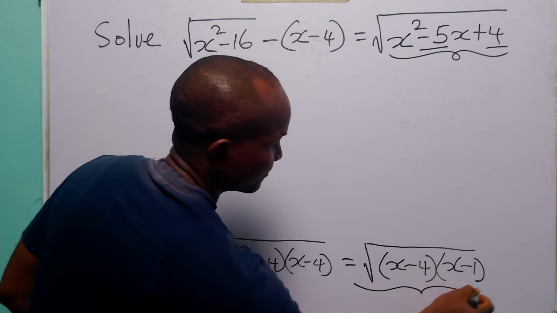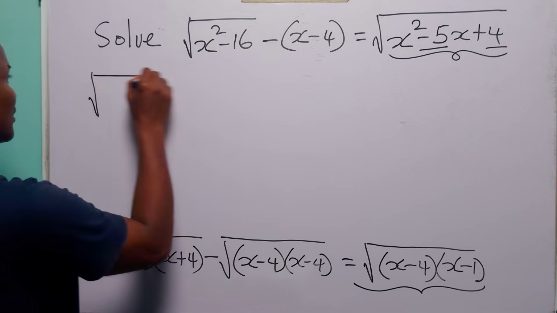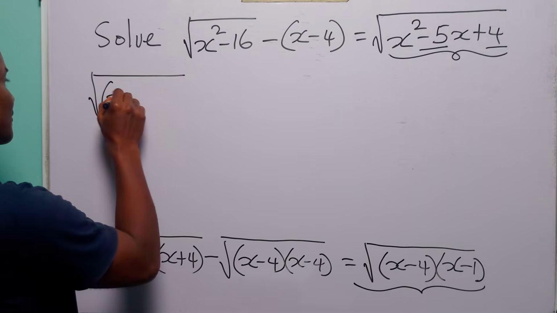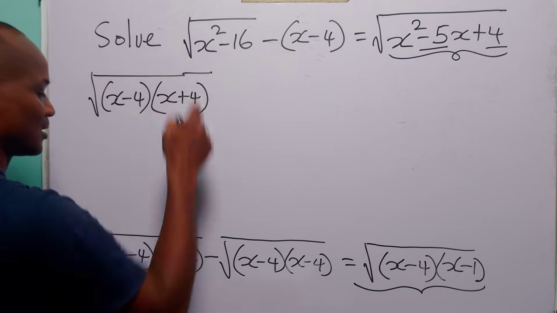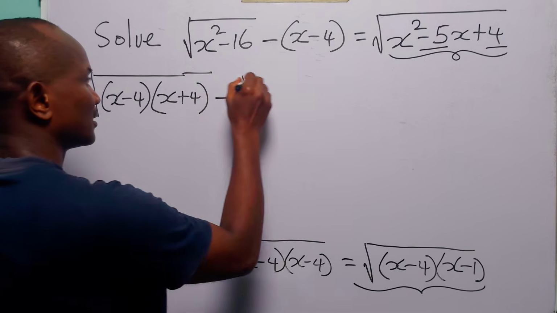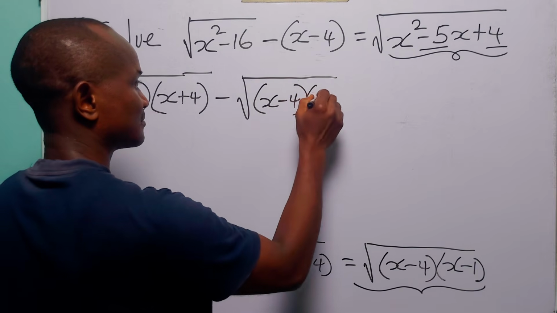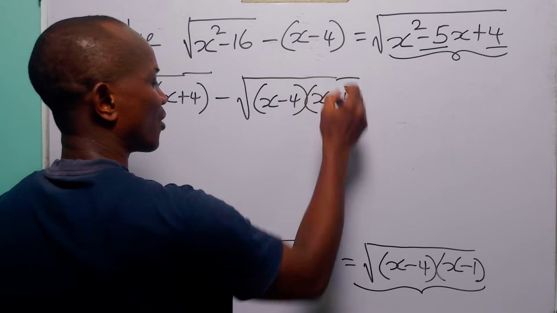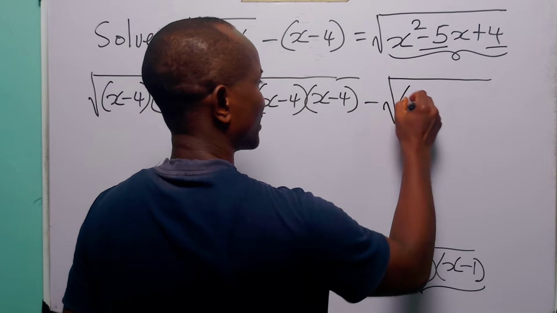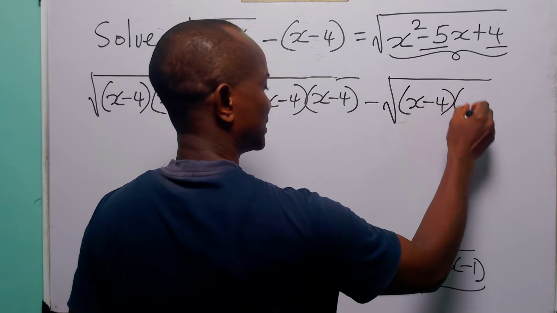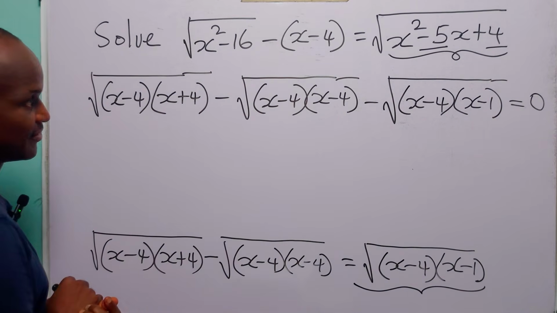Now let us move this term over to the left hand side. When we do that, we have the square root of x minus 4 times x plus 4 minus the square root of x minus 4 times x minus 4 minus the square root of x minus 4 times x minus 1 is equal to 0.